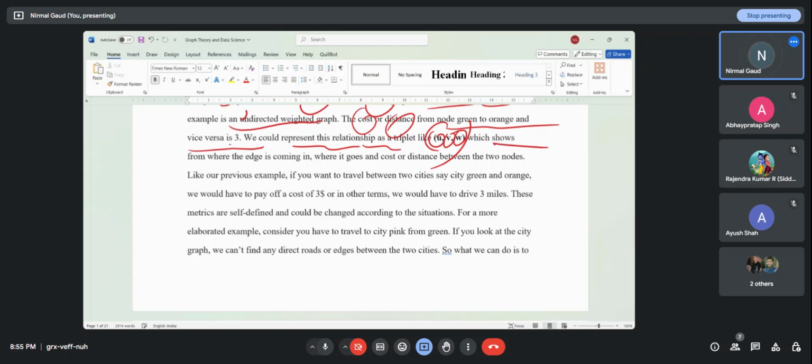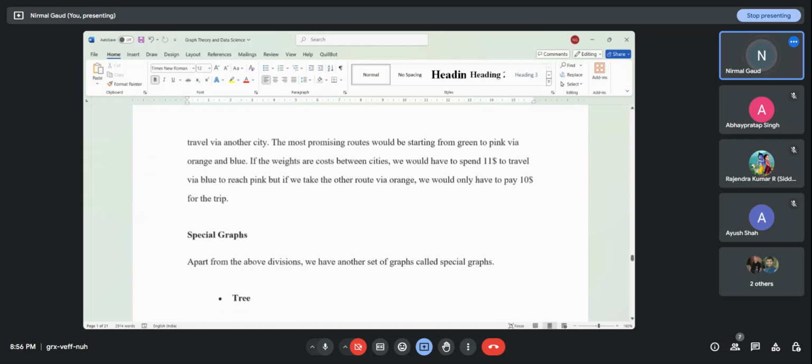It shows where the edge is coming from, where it is going, and what the weight is. If you want to travel between the cities from green to orange, you have to pay $3, or you have to drive 3 miles. Whatever that weight represents is up to your problem statement. So it's very simple.